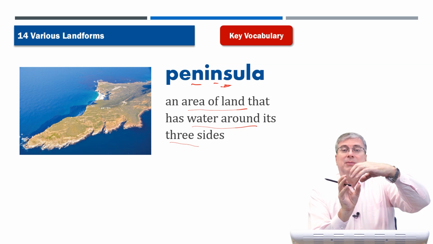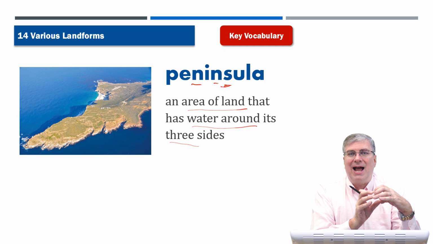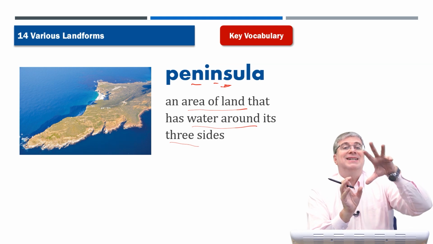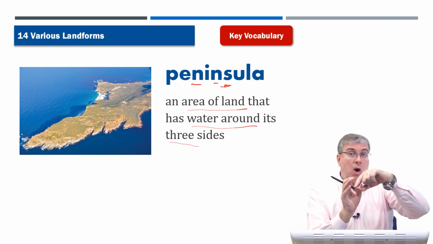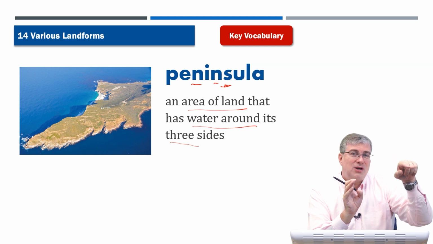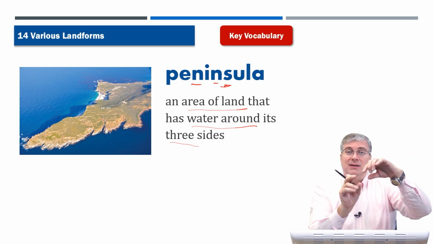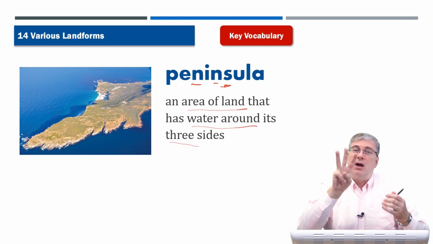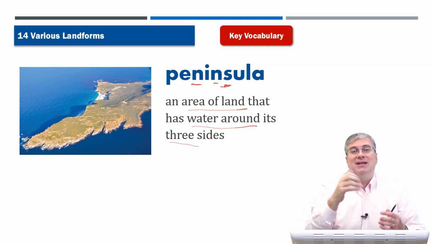It's not the Korean island, right? No, it's not an island, it's a peninsula because it's connected to the rest of Asia, right? You don't have to cross any water to go from Korea to China to Russia. It's all land, right? But Korea is surrounded on three sides by water. That makes it a peninsula.